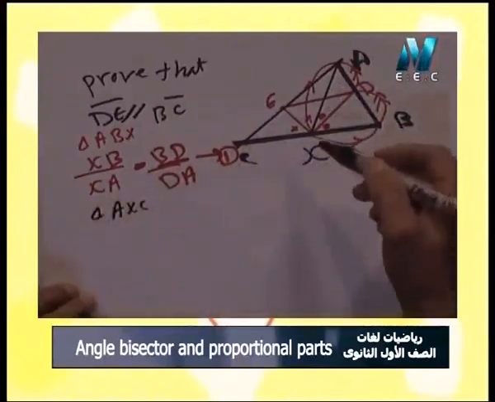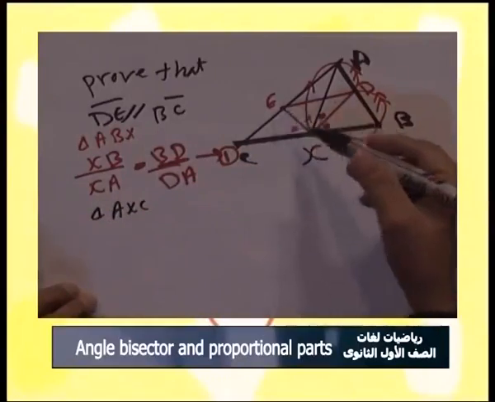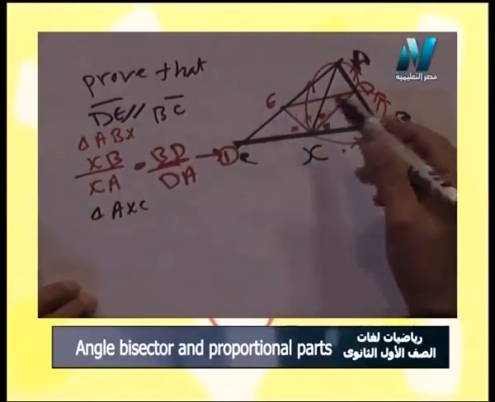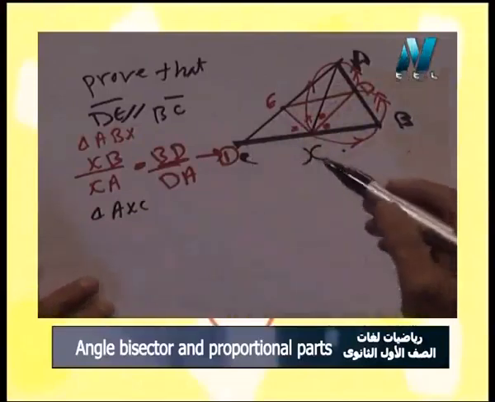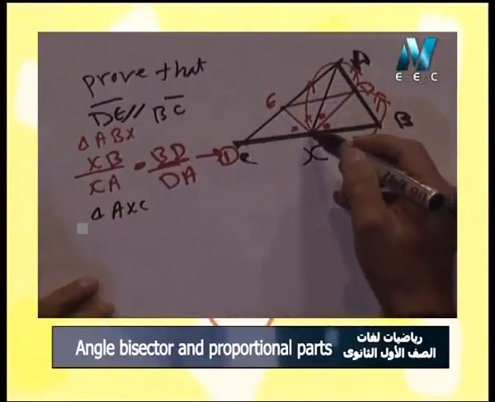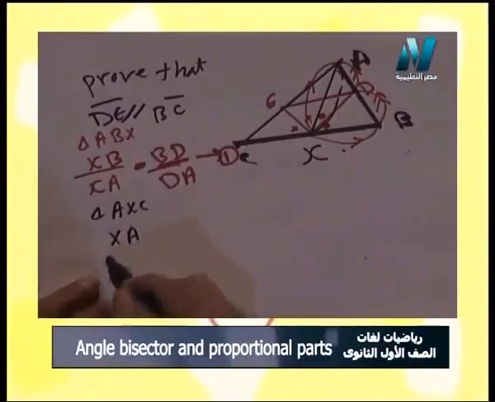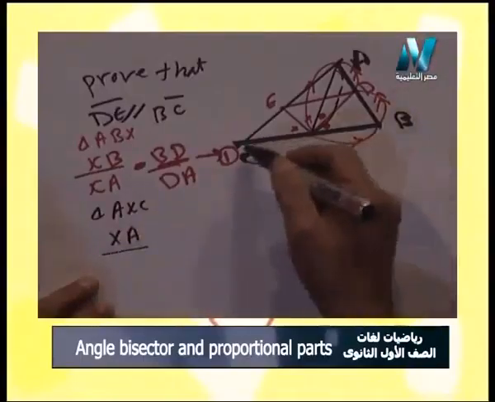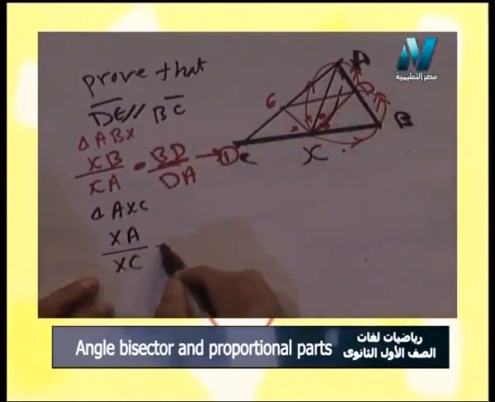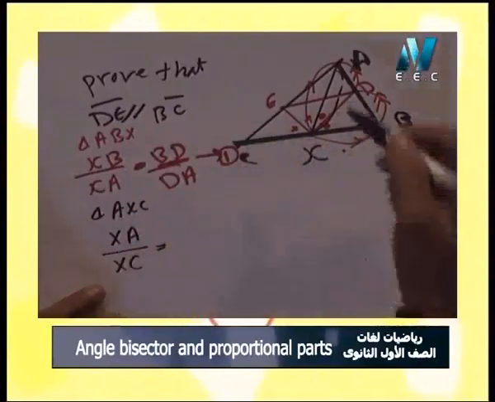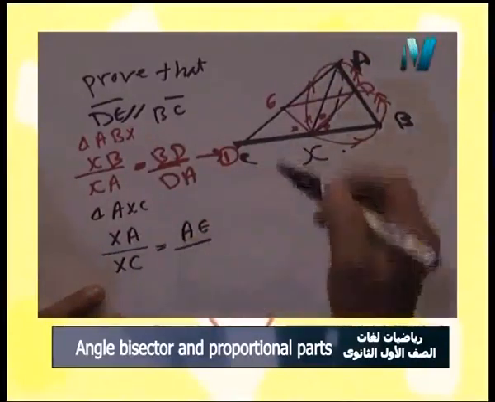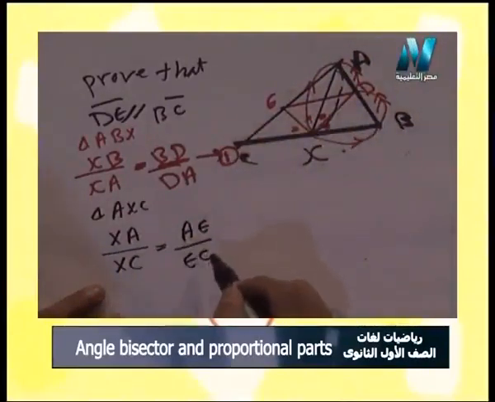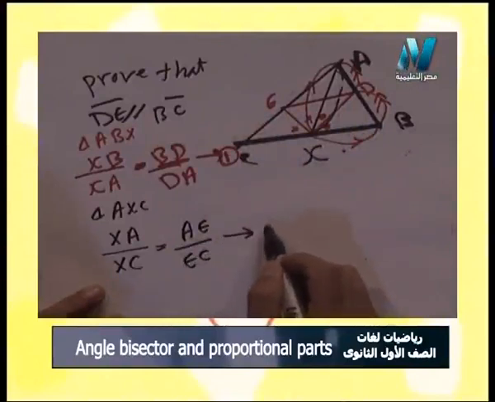XE is the bisector of the angle AXC, so XA over XC will be equal to AE over EC. We call this equation number 2.